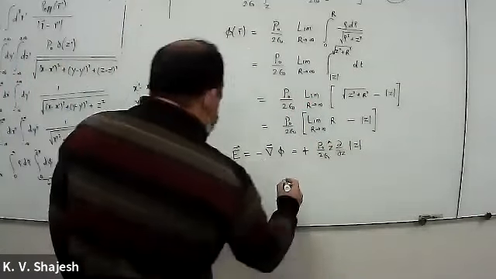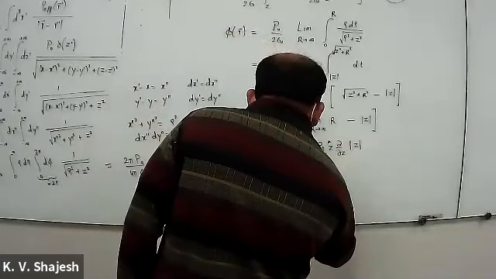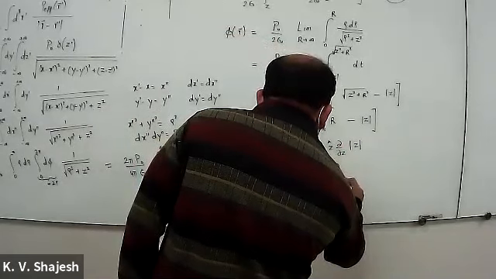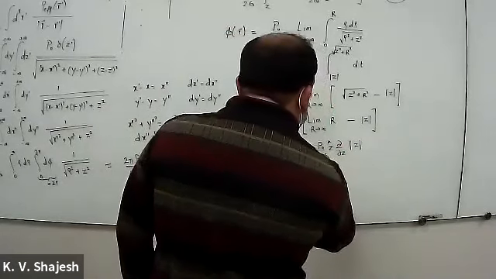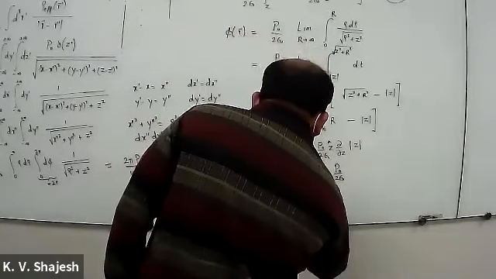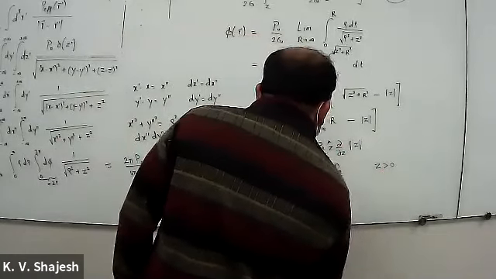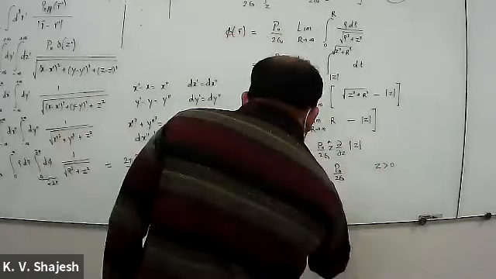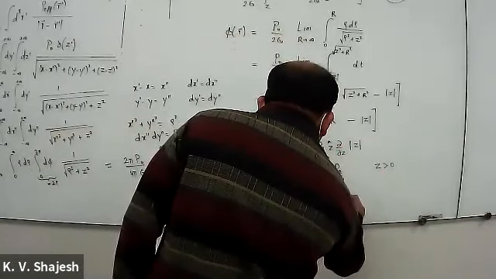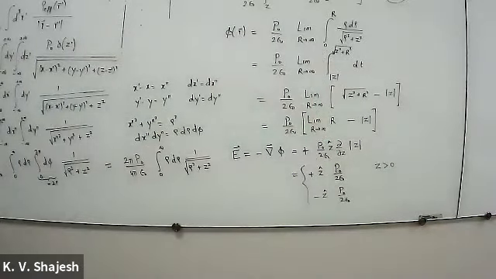So that's equal to plus z hat rho naught over 2 epsilon naught. If this is charge density, or charge per unit area, that's charge per unit area over 2 epsilon naught, and this is for z greater than 0, and for z less than 0, it is minus z hat rho naught over 2 epsilon naught.